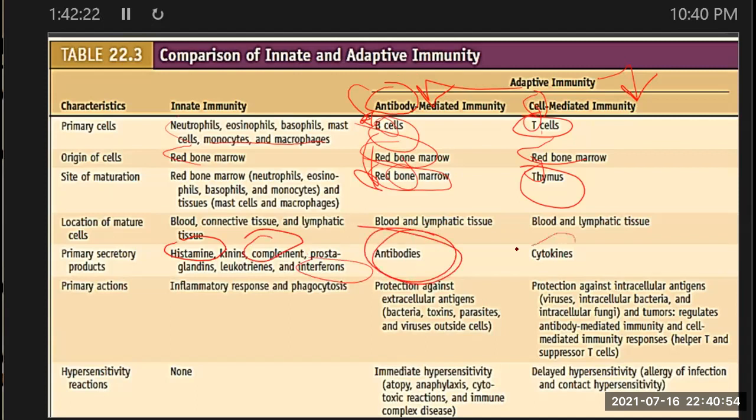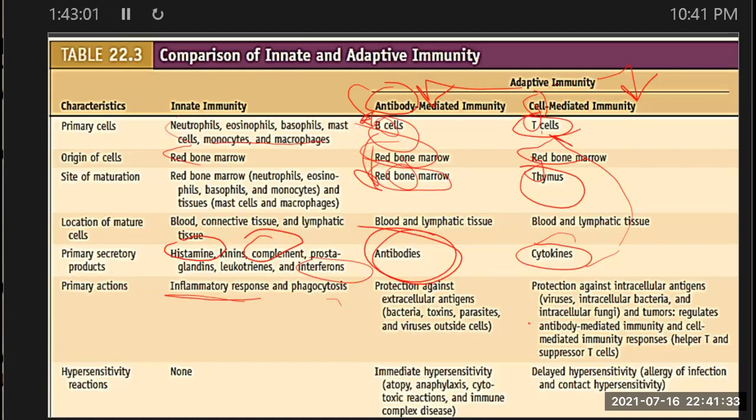As I told you earlier, cytokines are produced by lymphocytes, not all but the majority. Primary functions are inflammatory response and phagocytosis. Some books would say complement is under both innate and adaptive, but simply, complement starts in innate immunity and functions largely there, though it has overlapping functions in adaptive.